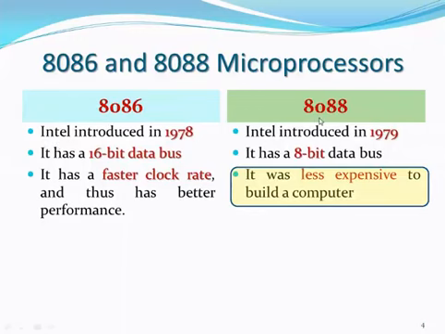But the main intention for the 8088 is that people will use the computer, they can get the computer at a reasonable price. It doesn't matter whether it is fast or slow. Does it make sense? So at least they can calculate something.